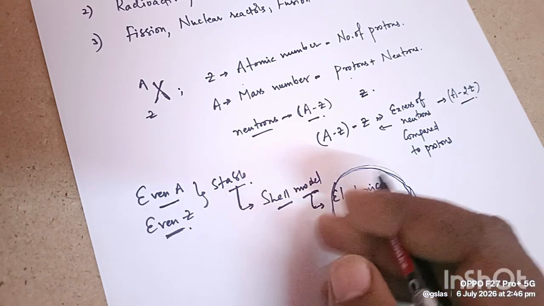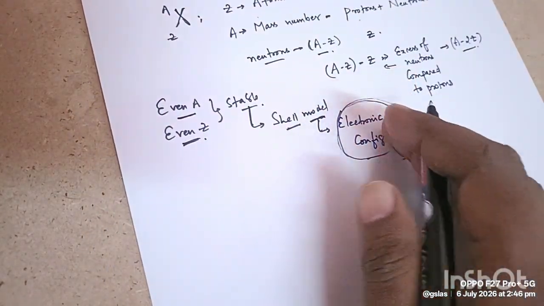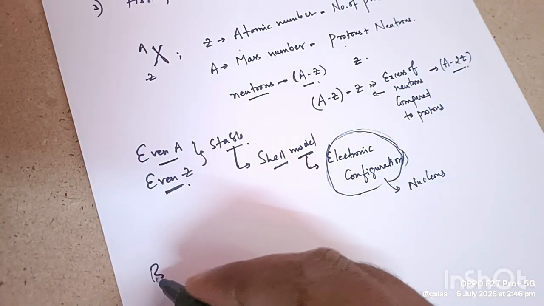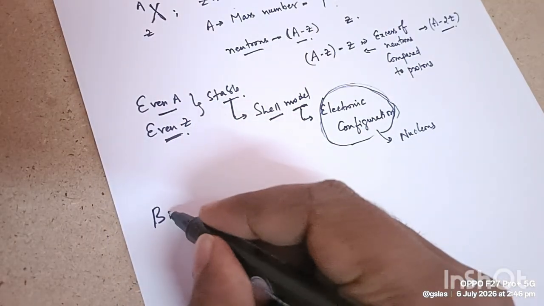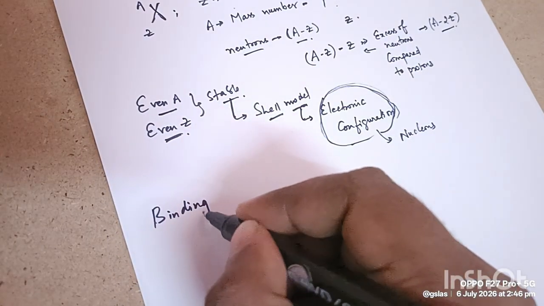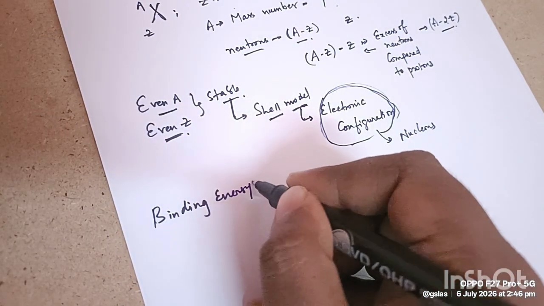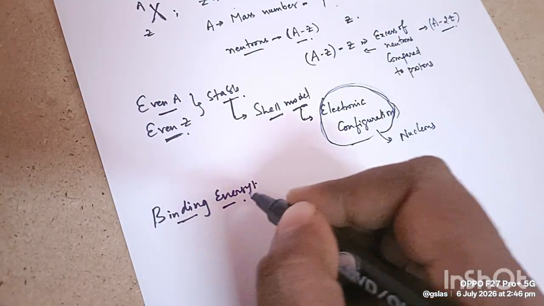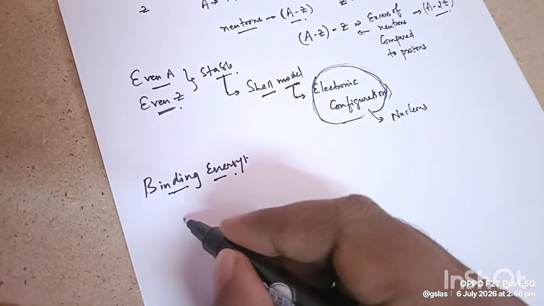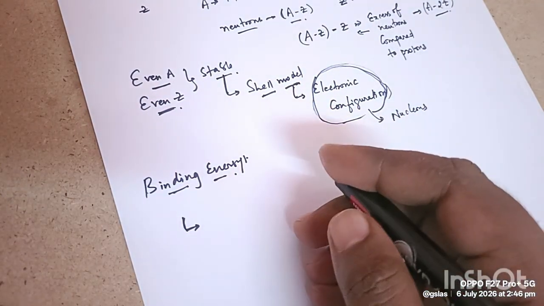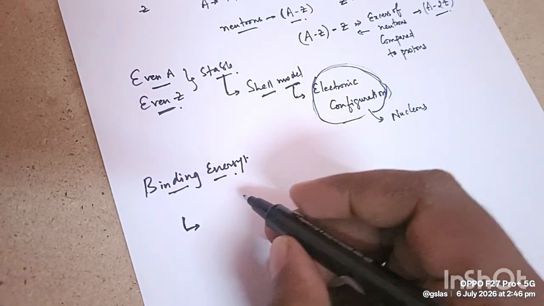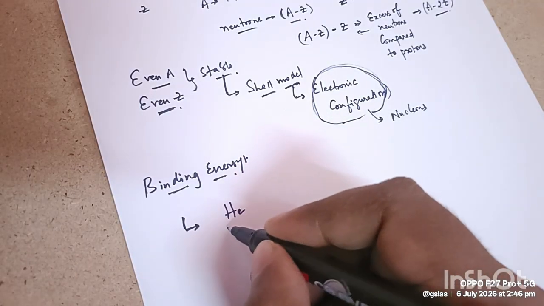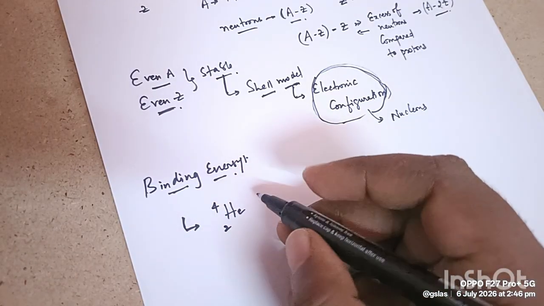And yeah. So now if I come to binding energy, so let's take helium, right? Just an example, Z equals 2 and A equals 4.